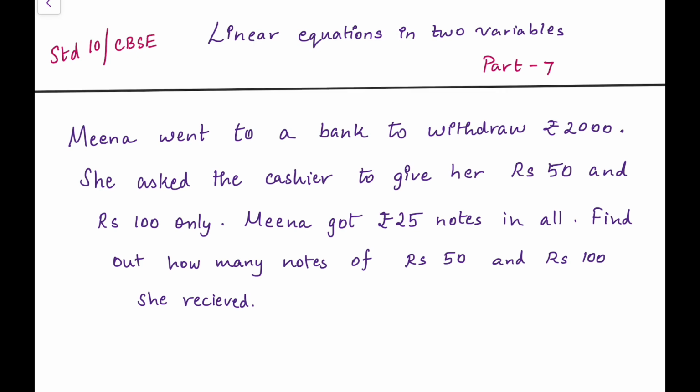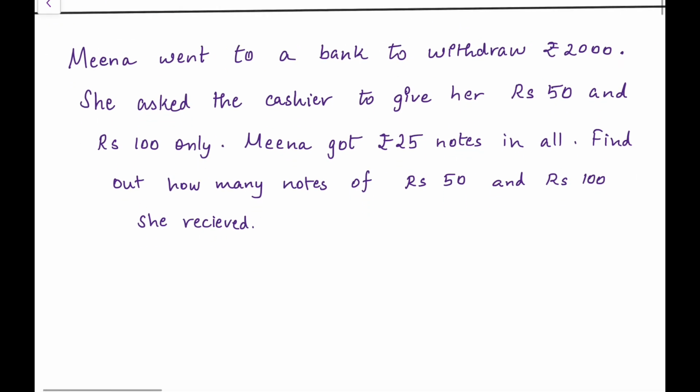So now we are going to do the word problems. That is, the statement will be given and you have to first frame the equation and then solve the equations. So these are the applications of this concept.